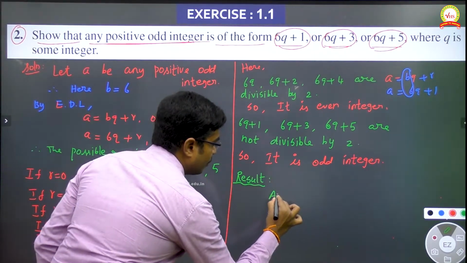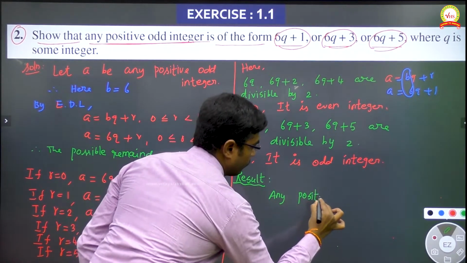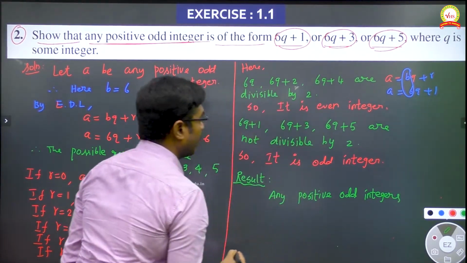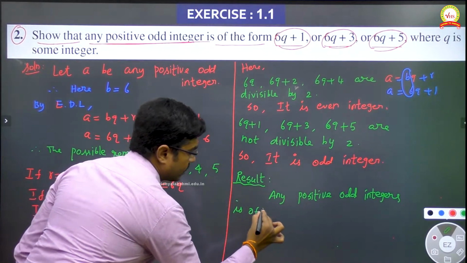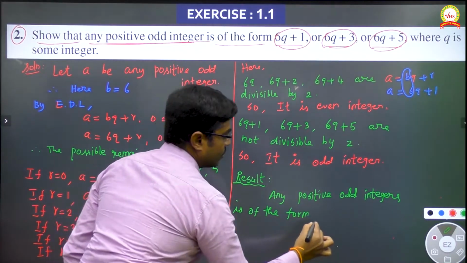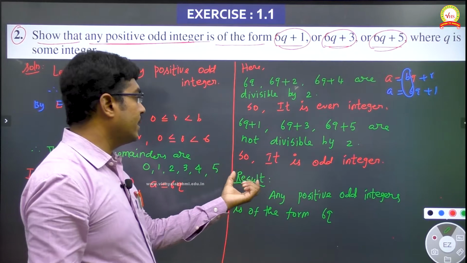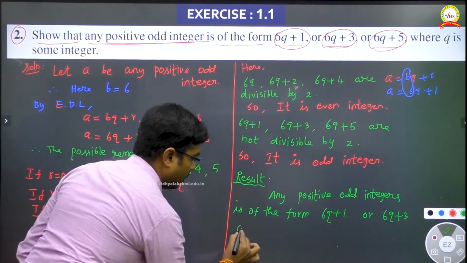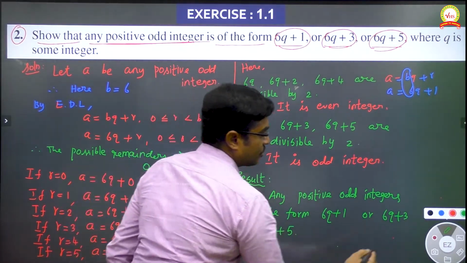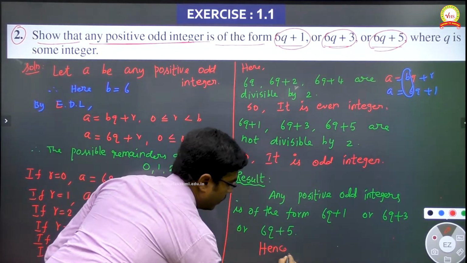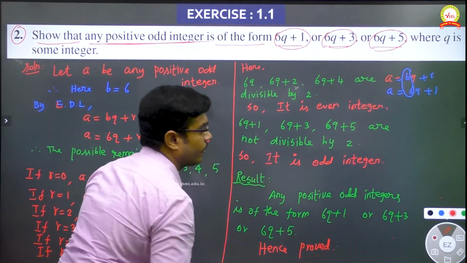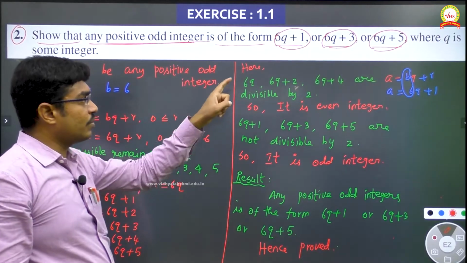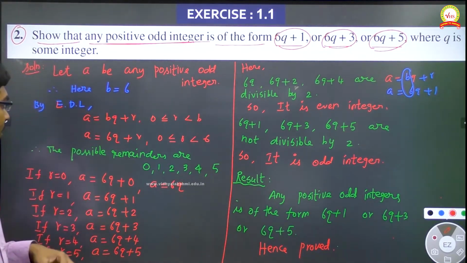So write: any positive odd integer is of the form 6q plus 1 or 6q plus 3 or 6q plus 5. Hence proved. This is the solution.